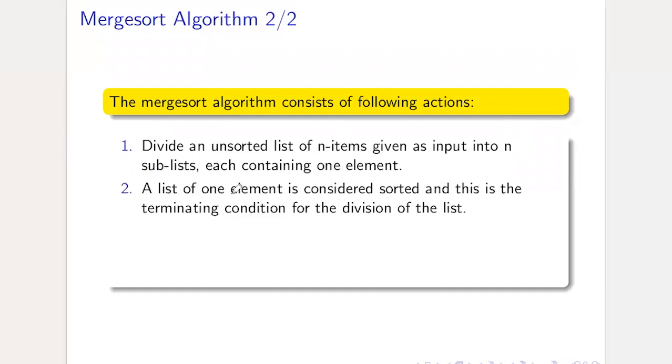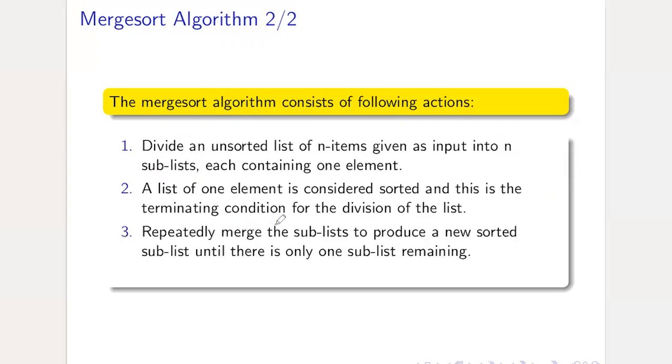And a list of one element, of course, is considered sorted because that's only one element. And this is the terminating condition for the division of the list. And then these sublists are merged in such a way that what is produced is a sorted sublist.